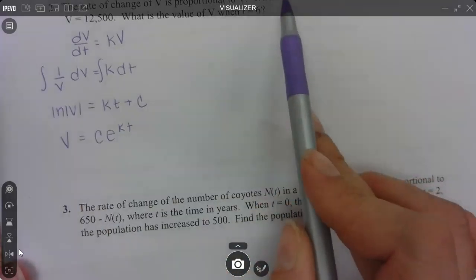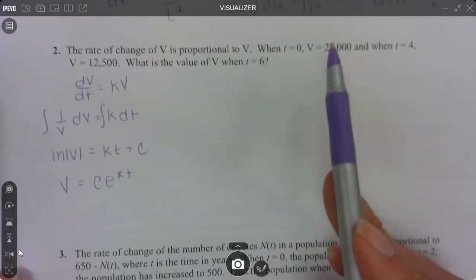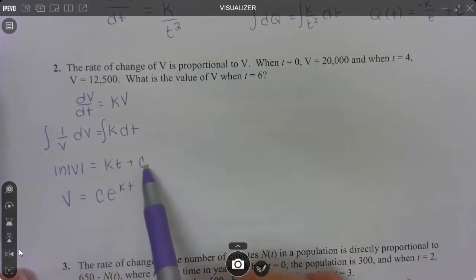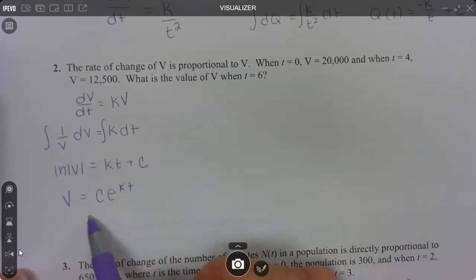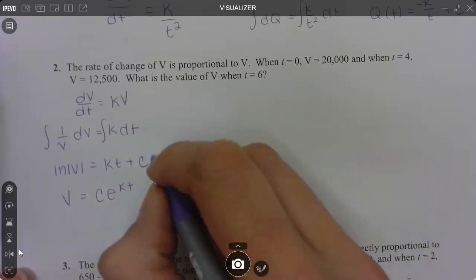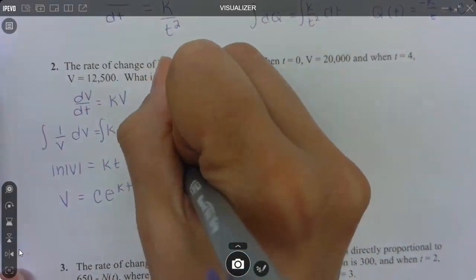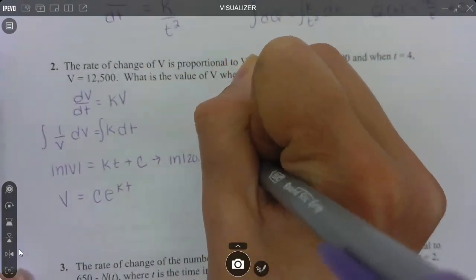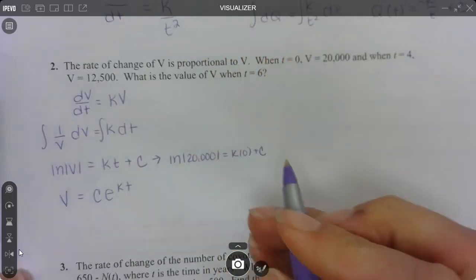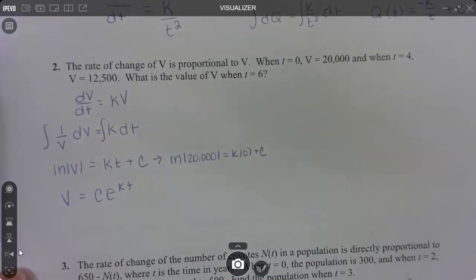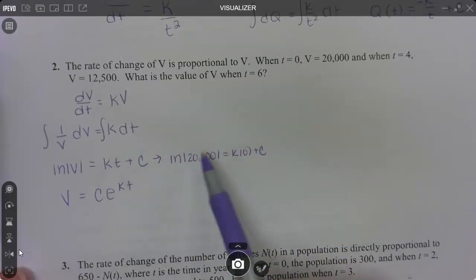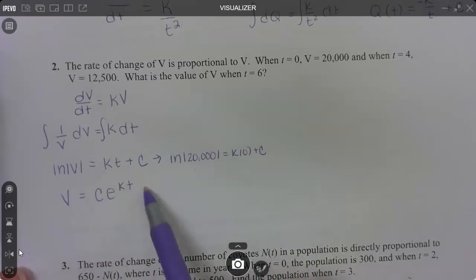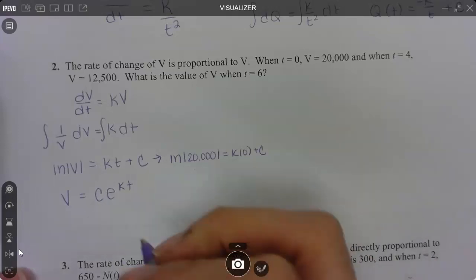Now, you have two choices with our V naught and our 20,000. You could have plugged that in here or in here. So you see C is equal to that natural log of 20,000. And again, if you had done it at this step, then when you E both sides, that ln of 20,000 comes down just as the 20,000.